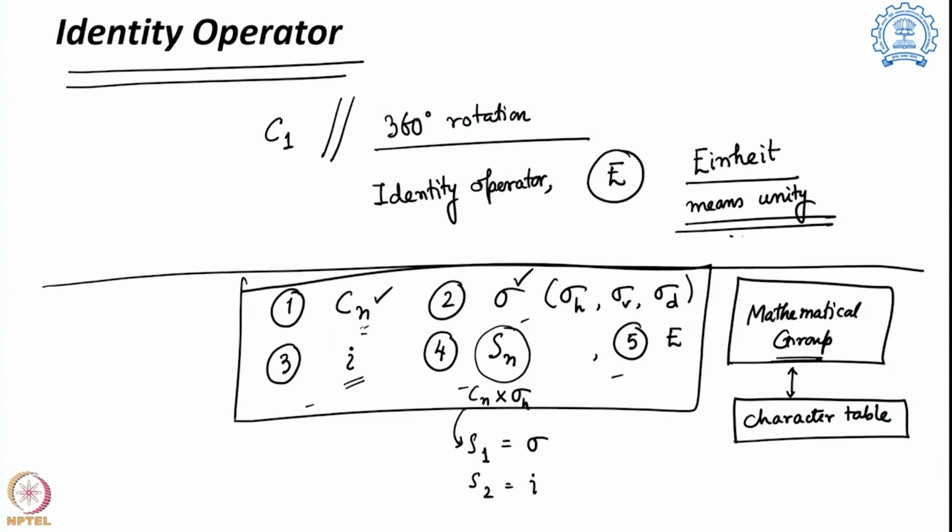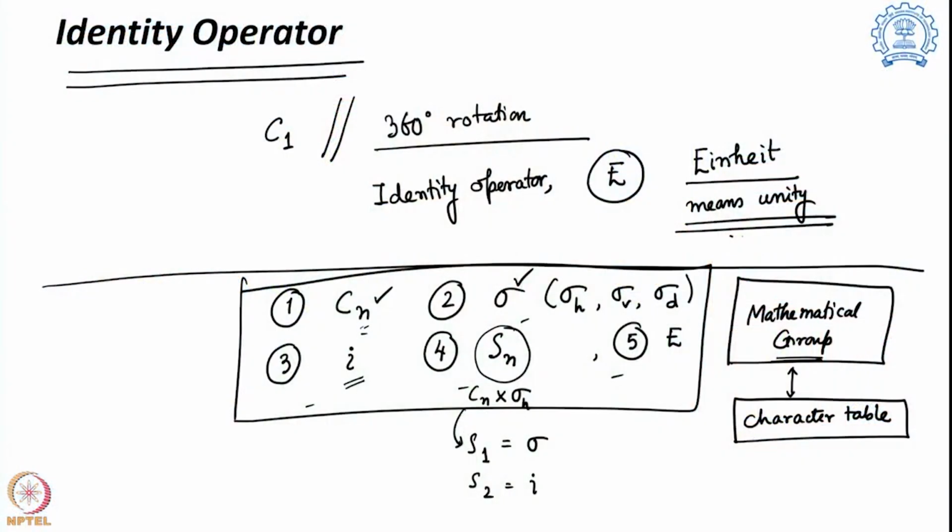And we have also found that this Sn axis can be present even if Cn or sigma h is not present on their own. If they are present, obviously you are going to have an Sn, but if they are not present, even then you can have an Sn, and we have discussed that with the example of the methane molecule, which does not have a C4, which does not have a sigma h, but it contains an S4 axis.